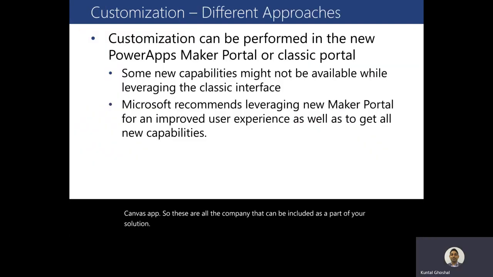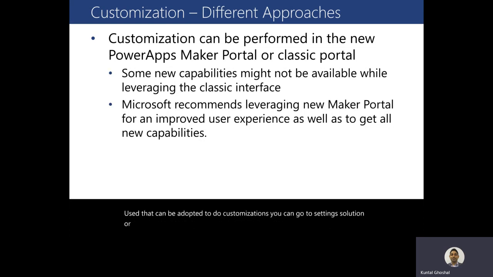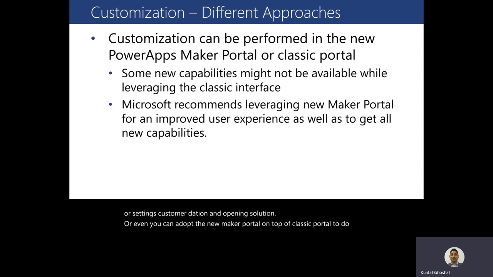There are different approaches that you can adopt to do a customization. So there are typical ways that can be adopted to do customizations. Like you can go to Settings, Solution, or Settings, Customization, and open your solution, or you can even adopt the new Maker portal on top of the Classic portal to do your customization.